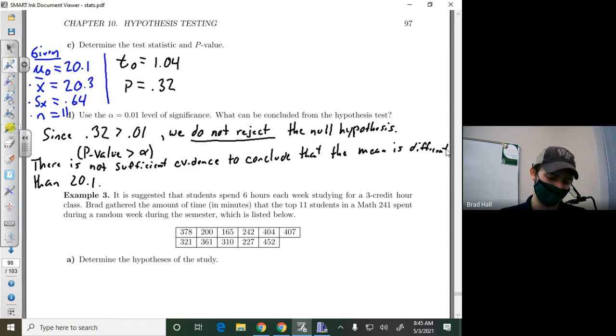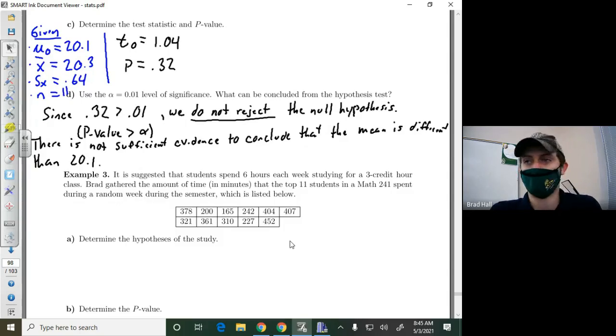Well, we'll save that discussion for your poli-sci class. So that's the conclusion we can ultimately make from hypothesis testing. Does anyone have any questions before we look at the last example for this whole class?